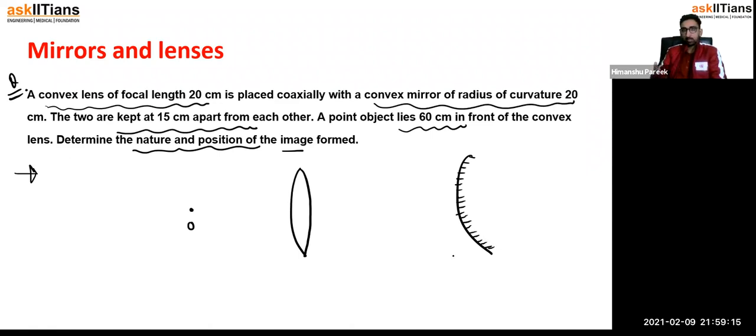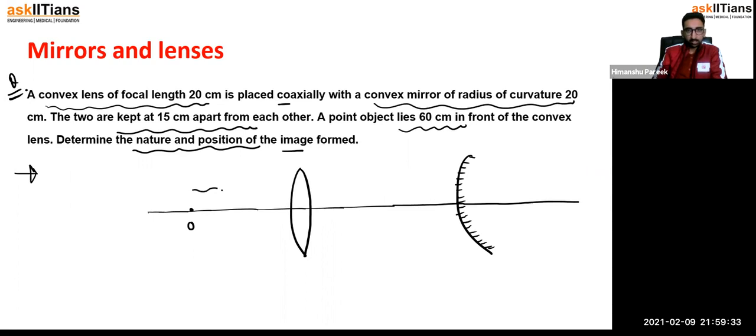So first it will deal with the convex lens, and that's the principal axis which is common for them. Coaxial means co, same axis. So coaxial. Okay. So what will happen, guys? First of all, this will act like an object. It is an object only, 60 centimeter distance from here.